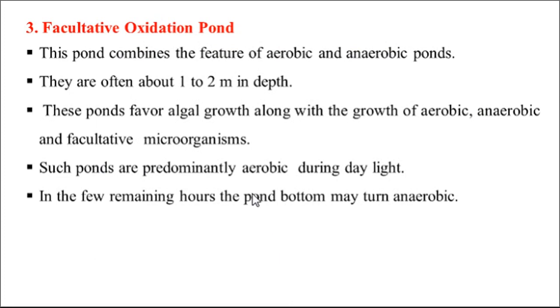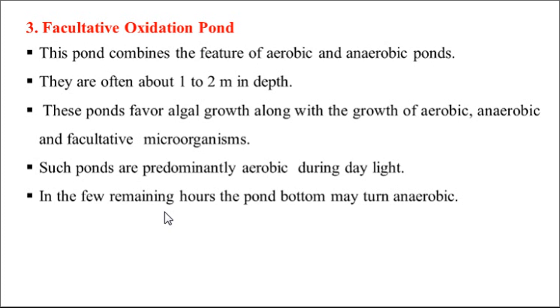Then the third type of oxidation pond is called the facultative oxidation pond. This pond combines the features of aerobic and anaerobic ponds, meaning the advantages of both are combined in the facultative pond. They are often 1 to 2 meters in depth.